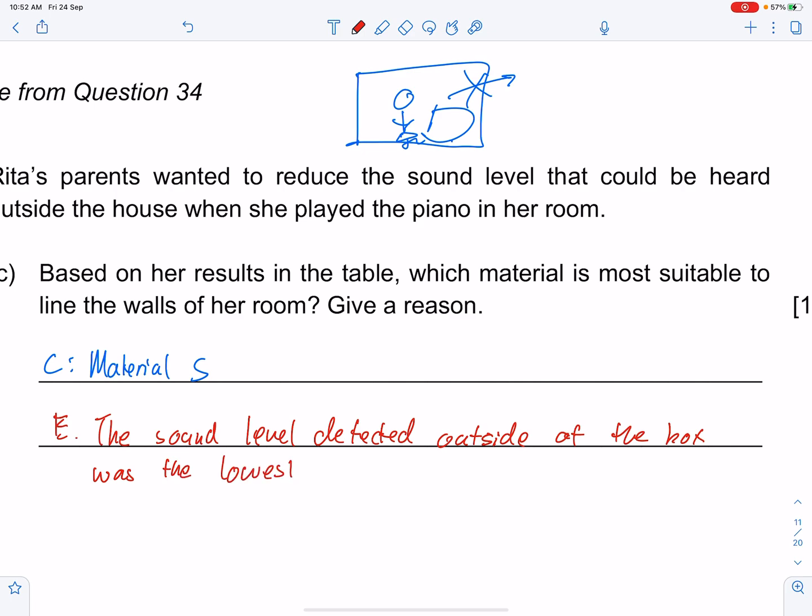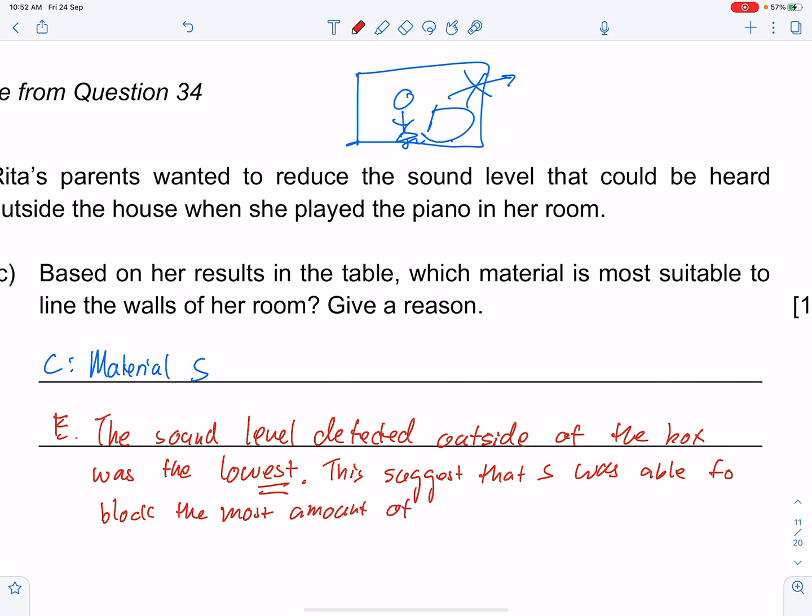Please use superlative term, lowest. This suggests that S was able to block the most amount of sound. And then your R.